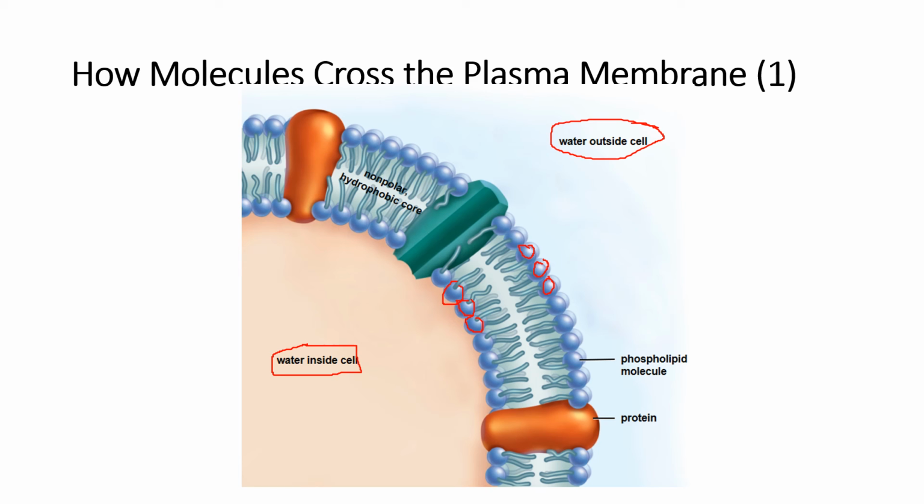Our water-fearing, hydrophobic tails are hiding away from the water in the interior. And they will block anything that is water soluble. So water, ions, and things that are polar, as well as things that are large.